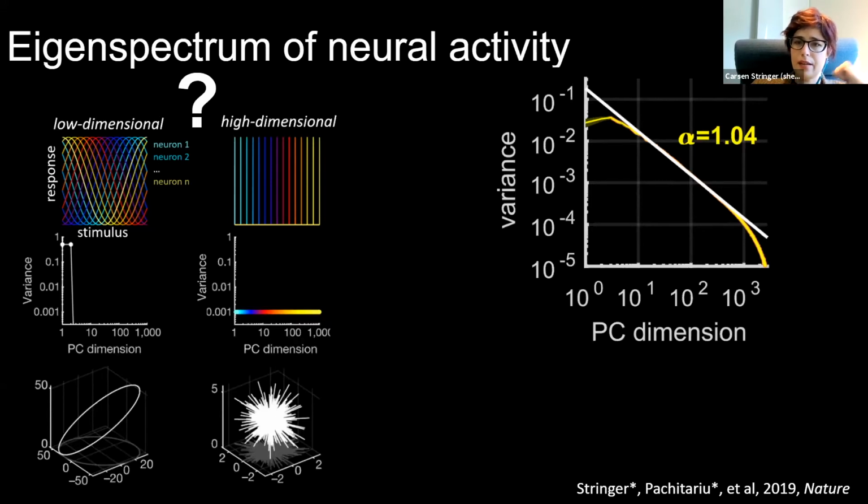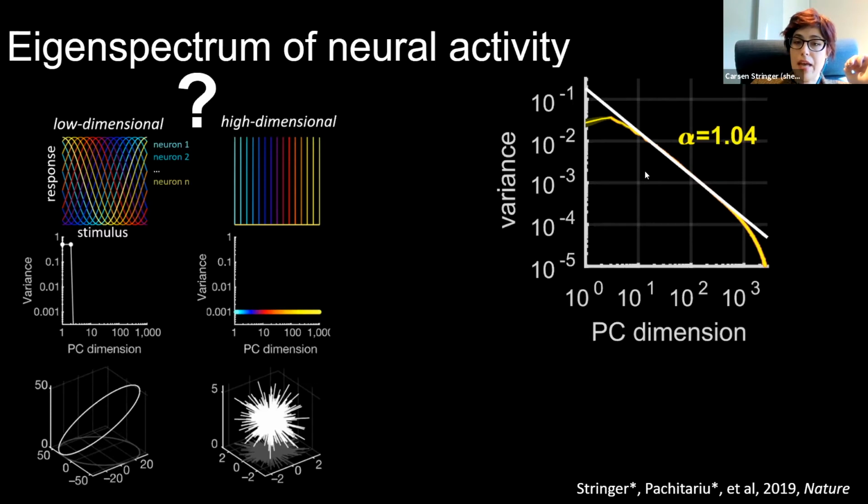And so this means that there are these eigenvalues at the top which have more variance, which can allow for potentially the space to smoothly vary across stimulus dimensions, unlike this efficient code, which doesn't have these significant top eigenvalues.